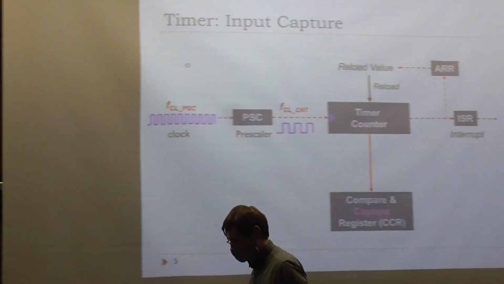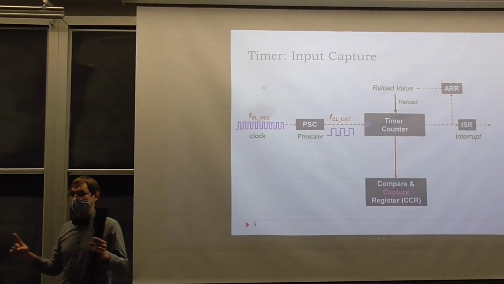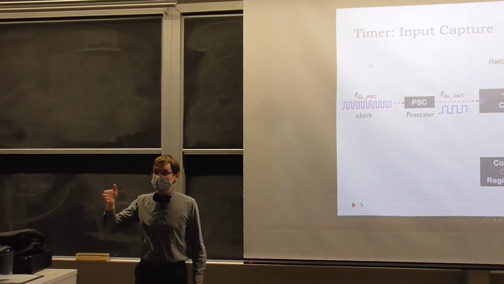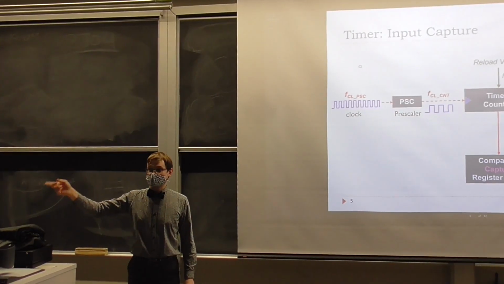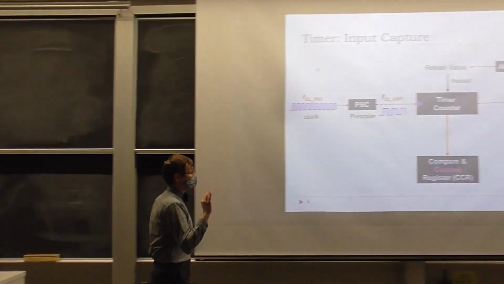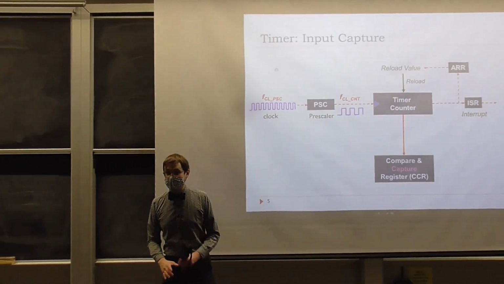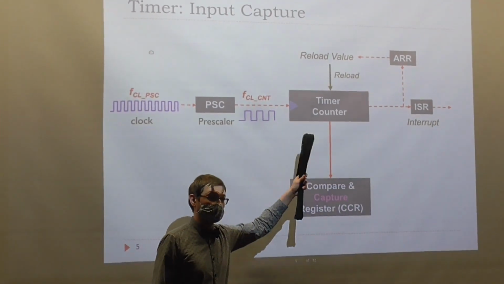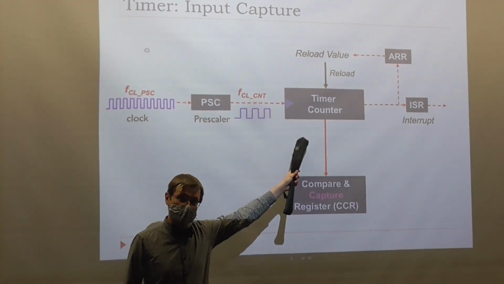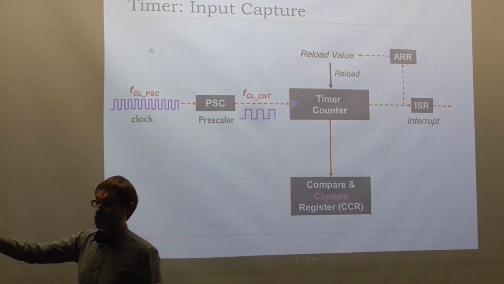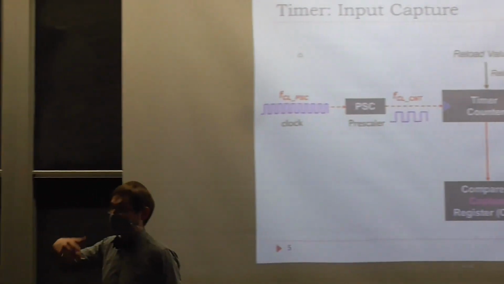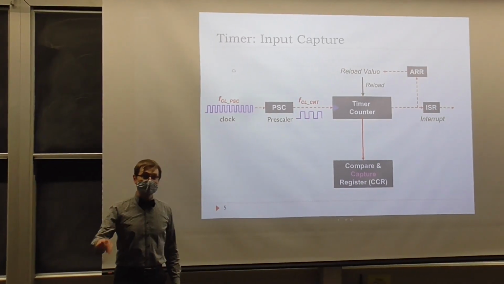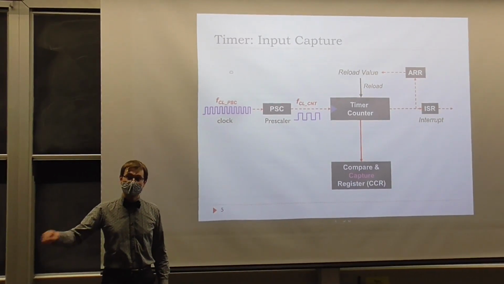By doing this, if you capture the counter at 2 different points, you can measure the difference in time between those 2 points by subtracting one from another. Now, it might become a little bit more complicated than that if this timer has overflowed, but every time the timer counter overflows, either has an overflow or an underflow event, an interrupt is generated, so the CPU can keep track of the number of times it has overflowed or underflowed.